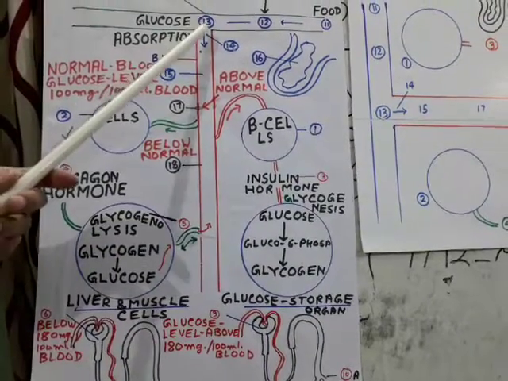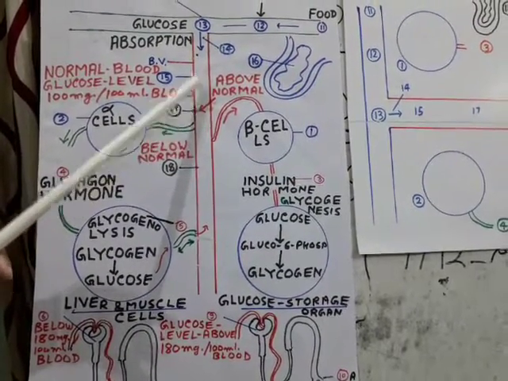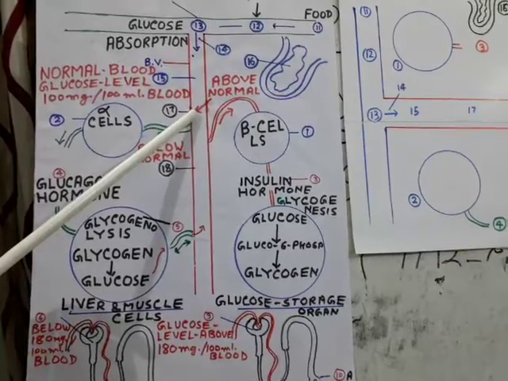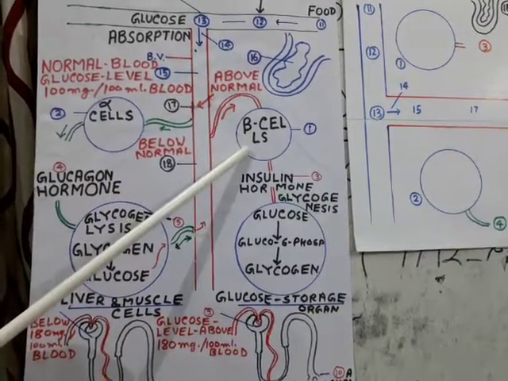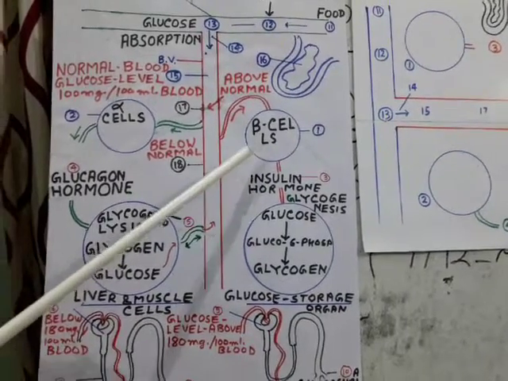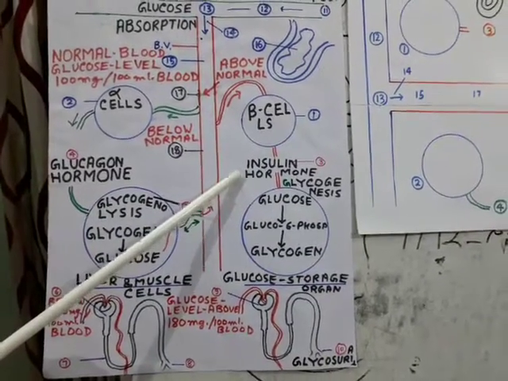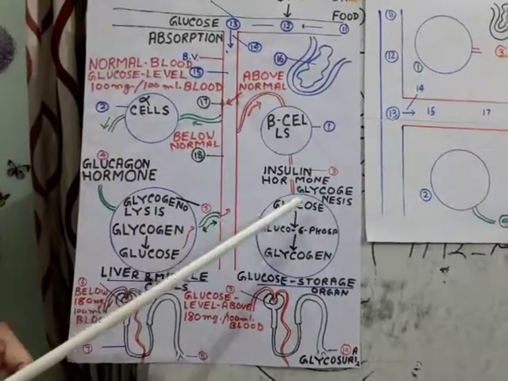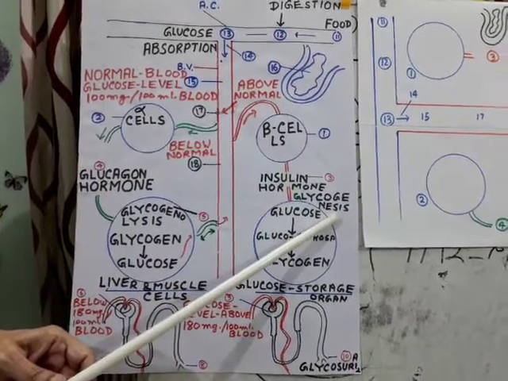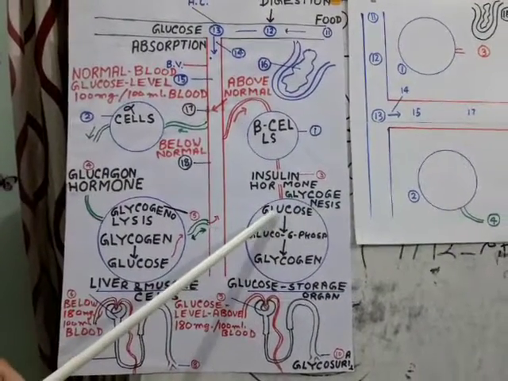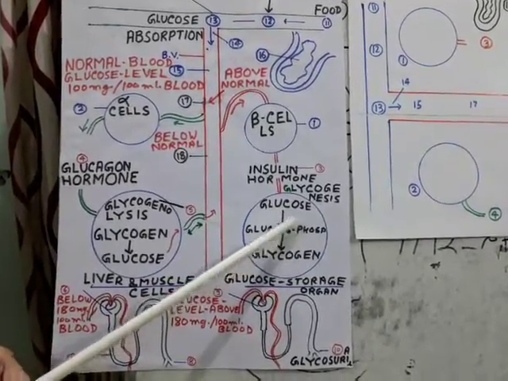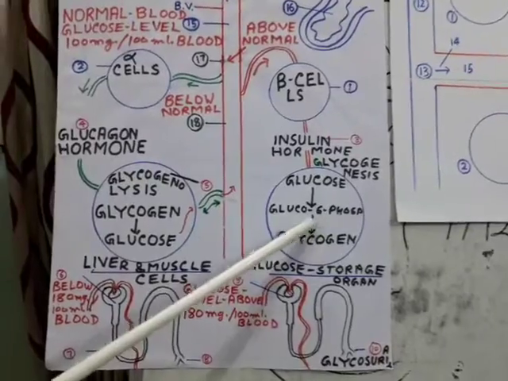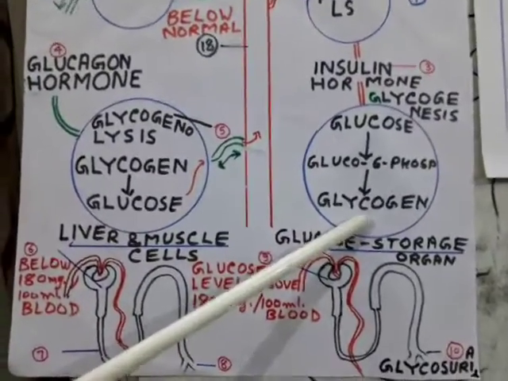So after digestion and absorption, when the blood glucose level rises above the normal level, the message is conveyed to beta cells of pancreatic islets. They secrete the insulin hormone, and insulin hormone stimulates the process of glycogenesis, in which glucose is first converted into glucose 6-phosphate, and then glucose 6-phosphate changes into glycogen.